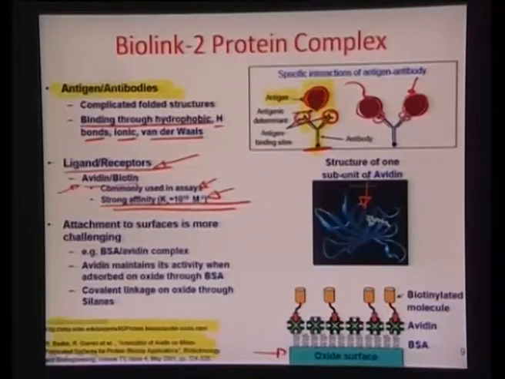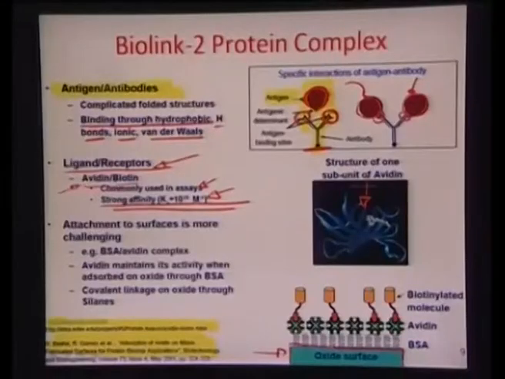Once the protein is protonated, you can create this charged surface of the oxide to have the exact opposite charge, so that there is a binding of the protein. In this case the protein is BSA, bovine serum albumin, onto the surface of the oxide, as you can see here. And this BSA is biotinylated. So you have a biotinylation done over the BSA.